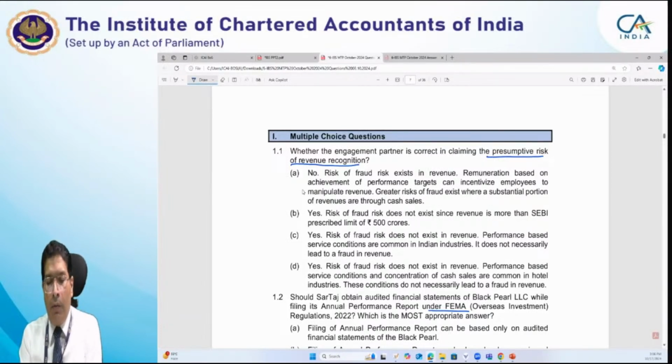Further, paragraph 829 of SA 240 provide that there may be pressures or incentives on management to commit fraudulent financial reporting through inappropriate revenue recognition in the case of listed entities when the performance is measured in terms of year-to-year revenue or growth. Similarly, there may be greater risk of fraud in revenue recognition in case of entities that generate a substantial portion of revenue through cash sales. Therefore, risk of fraud exists in revenue. So option A is correct.